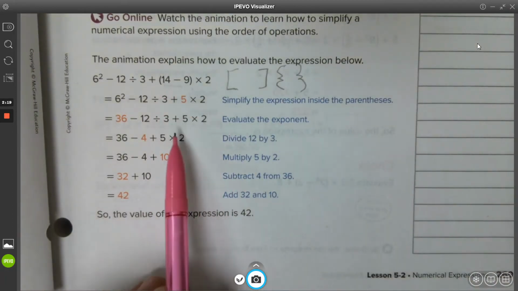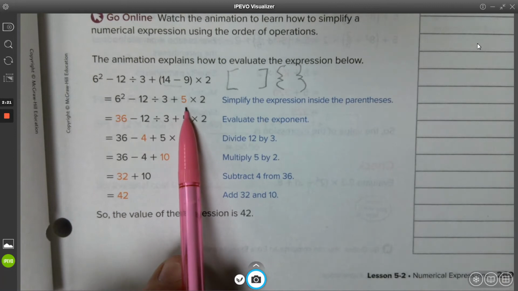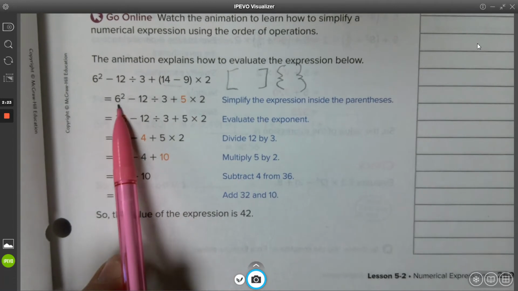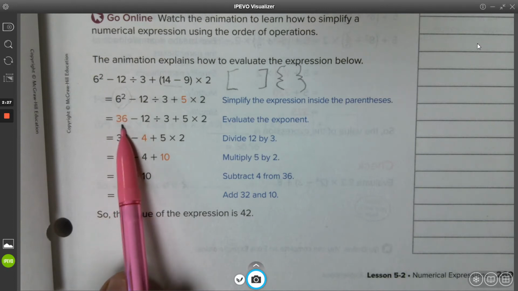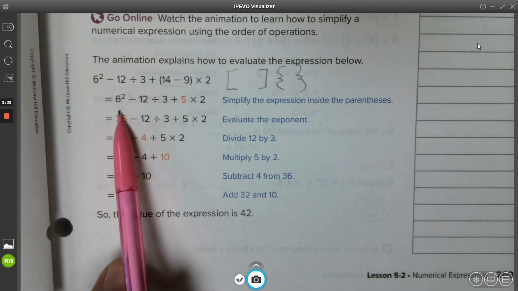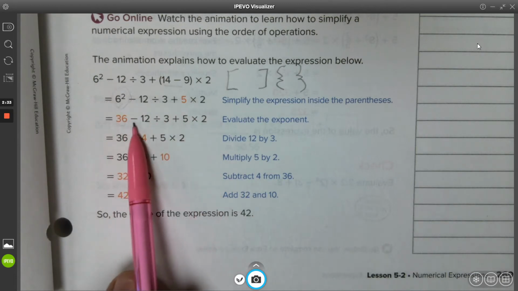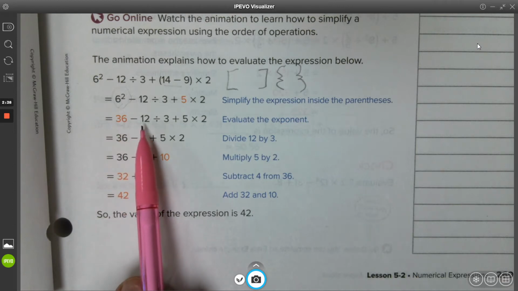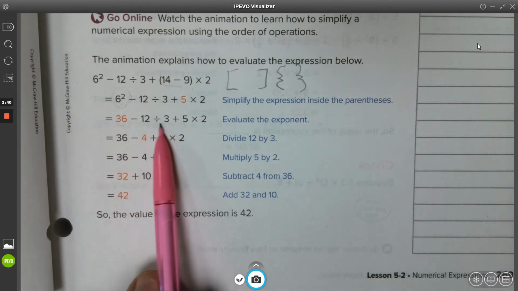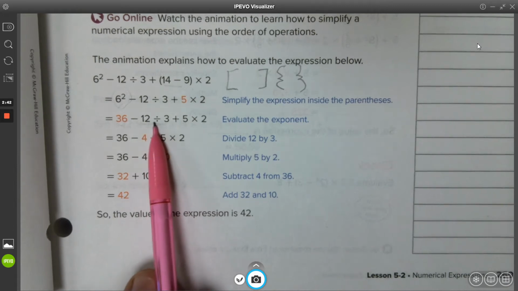We start with the 14 minus 9, which is 5. The next step would then be to go to your exponent. 6 squared is 36. Our next step, because there are no more parentheses or exponents, would be to multiply and divide. And we do that in order from left to right. So I'm going to start by doing this one because that's the first one that I see.